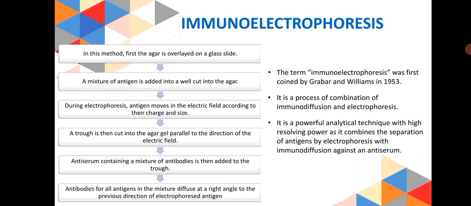During electrophoresis, antigens move in the electric field according to their charge and size. A trough is then cut into the agar gel parallel to the direction of the electric field. Antiserum containing a mixture of antibodies is then added to the trough. Antibodies for all antigens in the mixture diffuse at a right angle to the previous direction of the electrophoresed antigens.